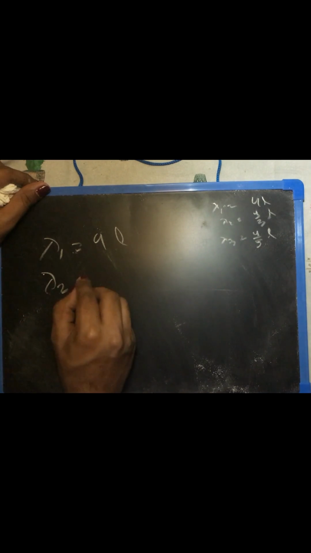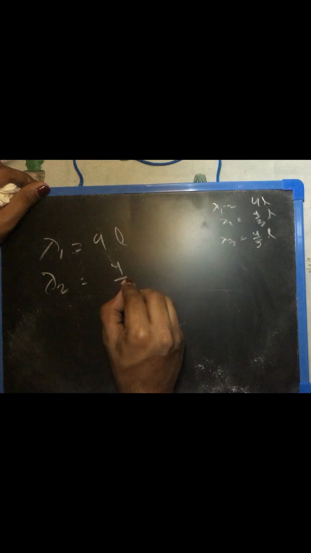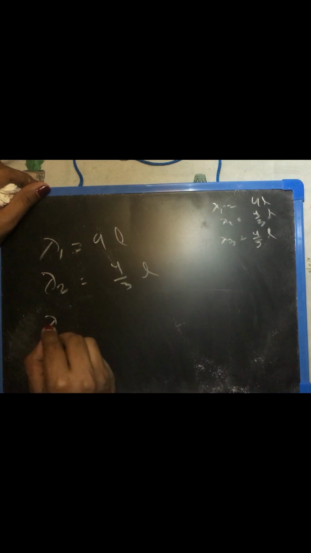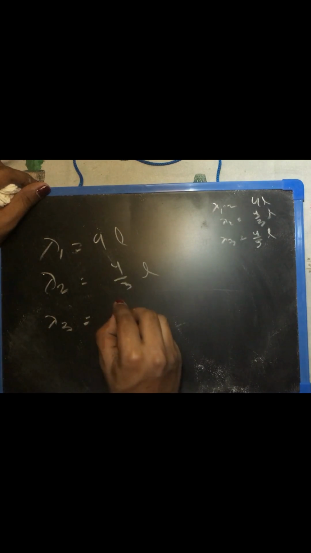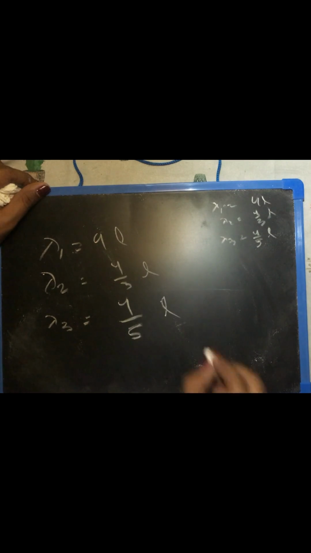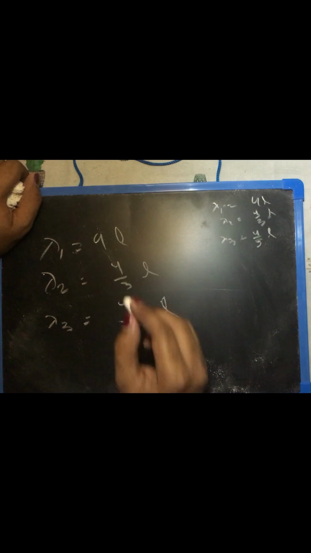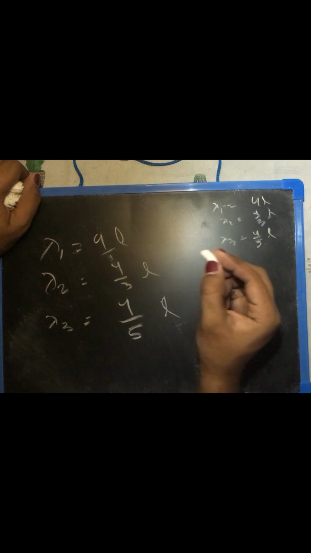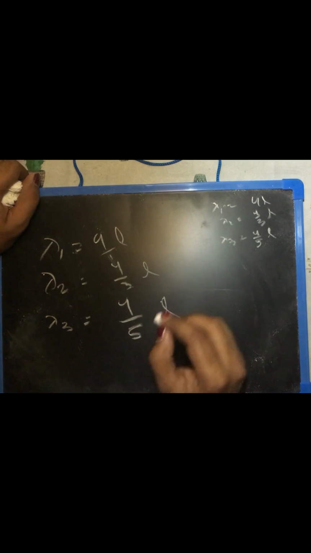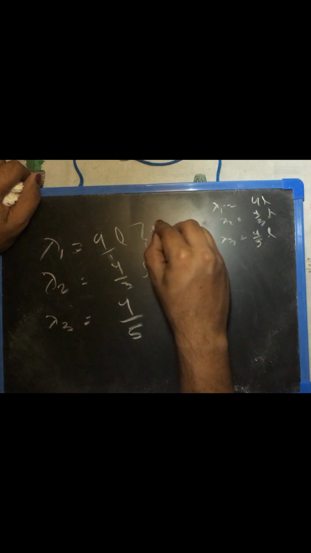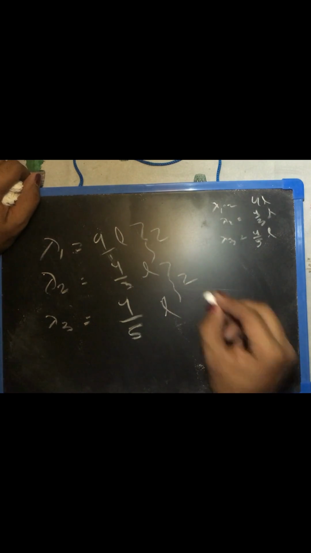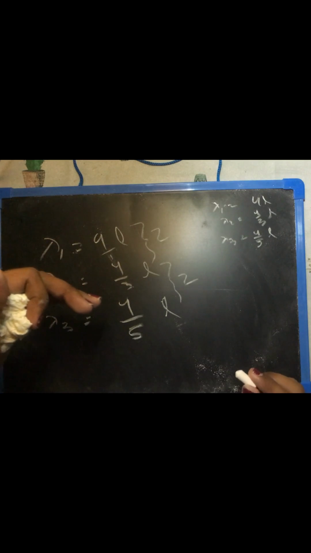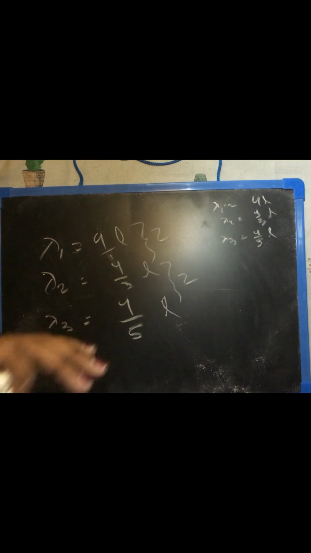Lambda 2 is 4 by 3 L. Lambda 3 is 4 by 5 L. If you notice, here's a 1, here's a 3, here's a 5. So I can see a difference of 2 in each of this sequence, right?